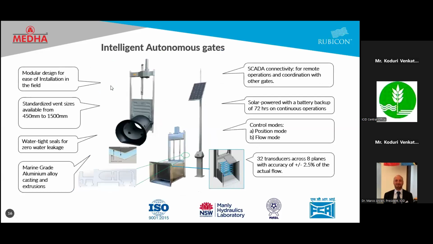The basic solution which can be implemented is with the help of the gates at the outlets. The conventional gates being heavy at the same time, operational on a manual operation level. The same thing can be replaced with the autonomous gates. What are the advantages of these autonomous gates?